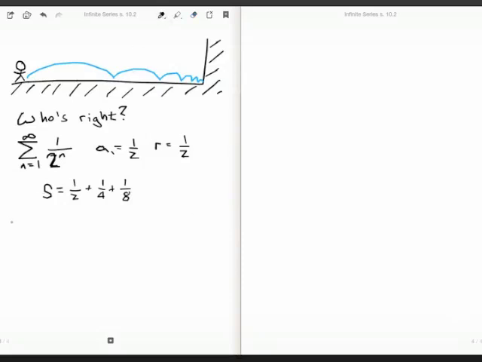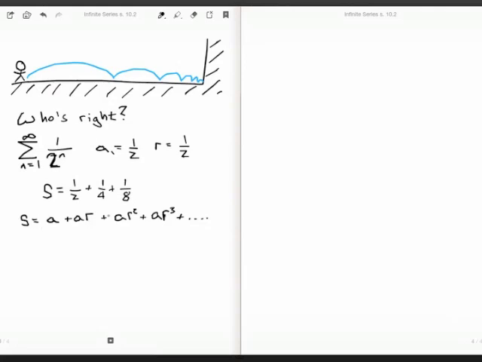Alright, so we know that the sum here is going to equal the first term A plus the first term times the common ratio, so it's 1/2 times 1/2, plus 1/2 times 1/2 times 1/2, plus 1/2 times 1/2 times 1/2 times 1/2, and this is going to go on for a long time, right?